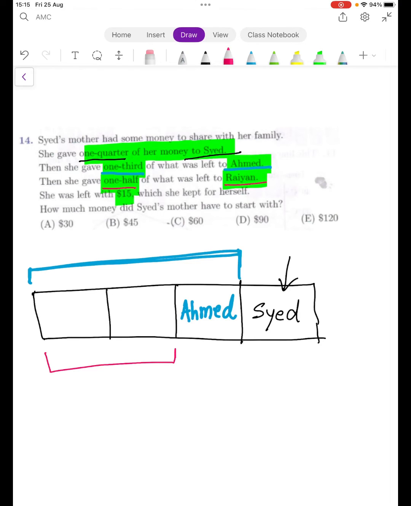And it's actually very simple. It's already divided into 2 equal parts. So she can give this to Ryan. And as it says, she has $15 left, which she keeps for herself. And the question is, how much money does she have to start with? Now, because we did not have to partition it any further, since we started from the beginning, all these parts are equal.